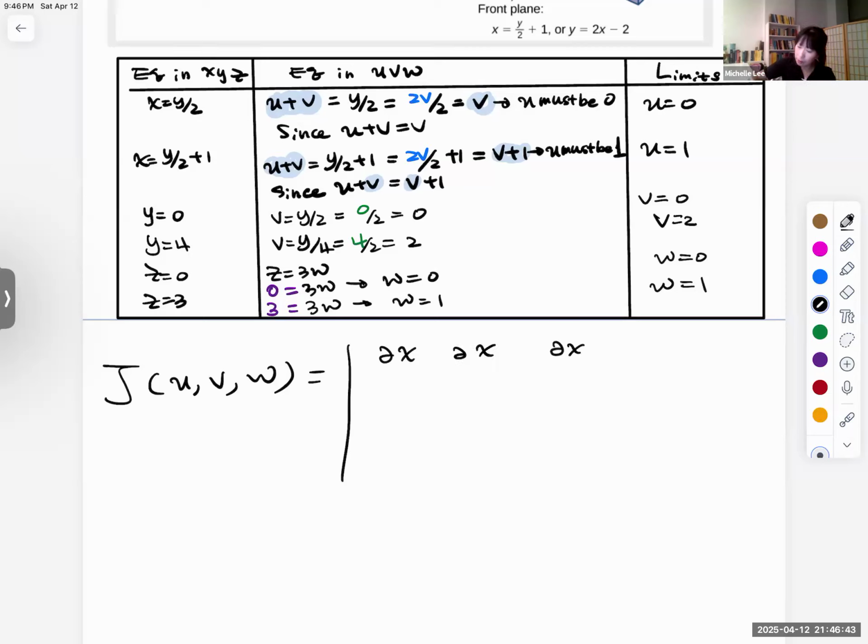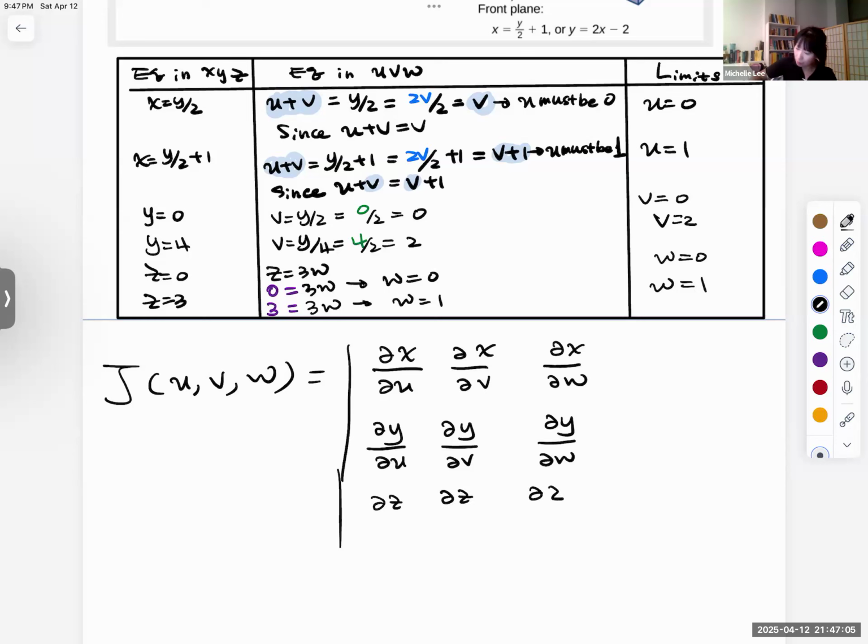So the x equation with respect to u, v, and w, and then the y equation with u, v, w, and then the z equation with u, v, w, right? Okay, so let's take a look. We have x equal to u plus v, right?